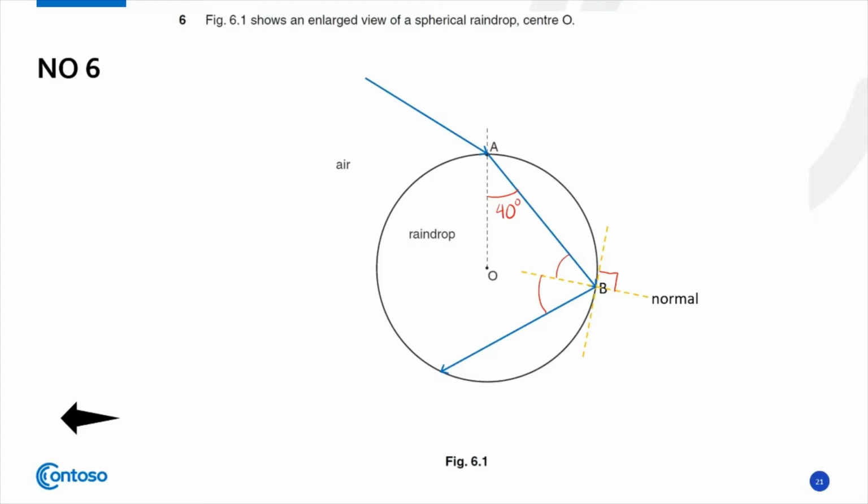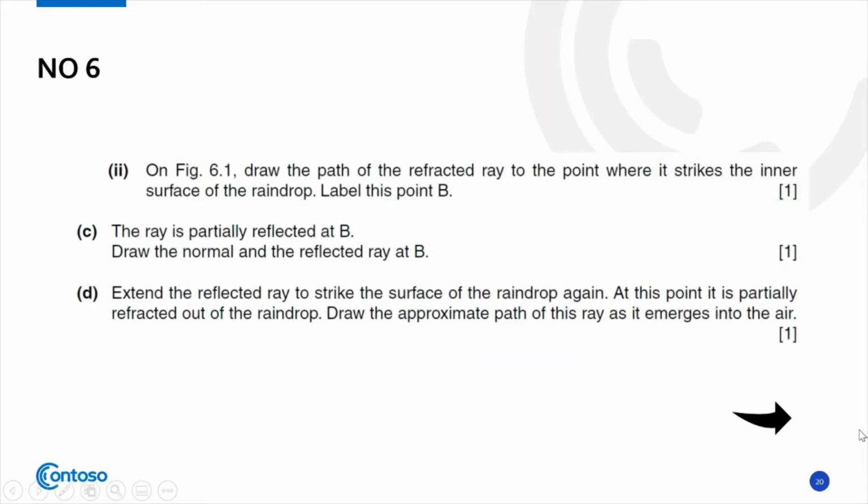Question 6D. Extend the reflected ray to strike the surface of the raindrop again. At this point, it is partially refracted out of the raindrop. Draw the approximate path of this ray as it emerges into the air.